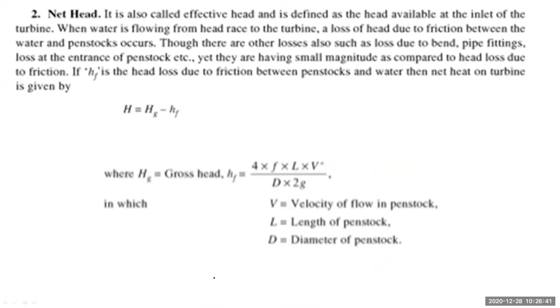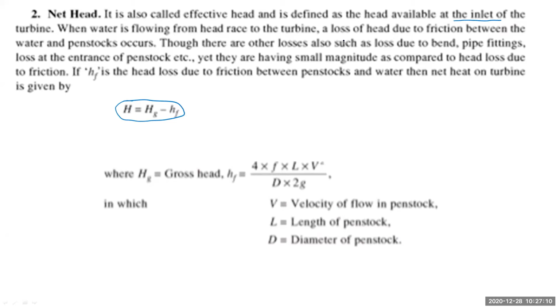I have already told you it is the effective head available, or in simple terms, the difference of your gross head minus your frictional losses. Here you can see the statement. It is defined as the head available at the inlet of the turbine, when water is flowing from the headrace to the turbine.